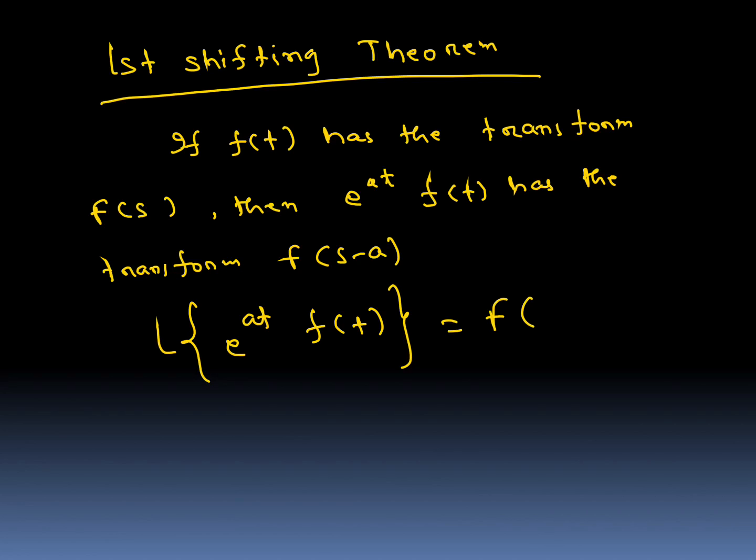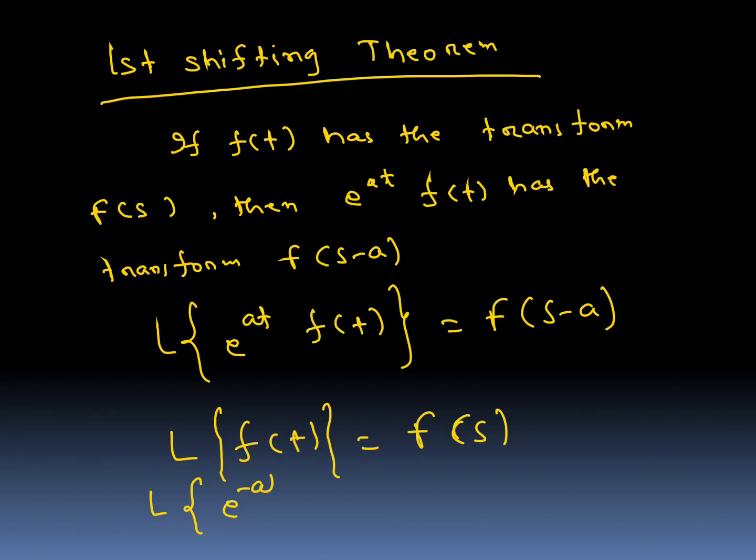We already discussed this one. L of f of t gives F of s, just with minus a here. And in the case of e to the power minus at, it will become plus, s plus a.